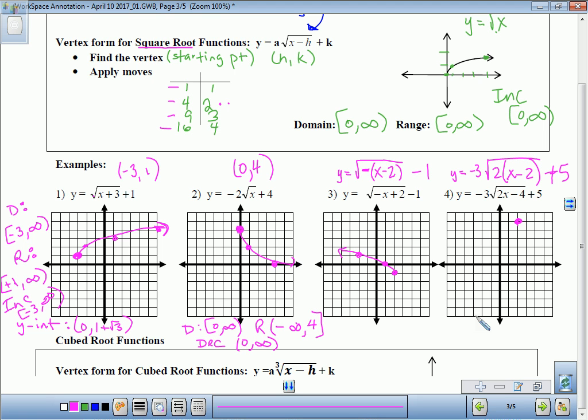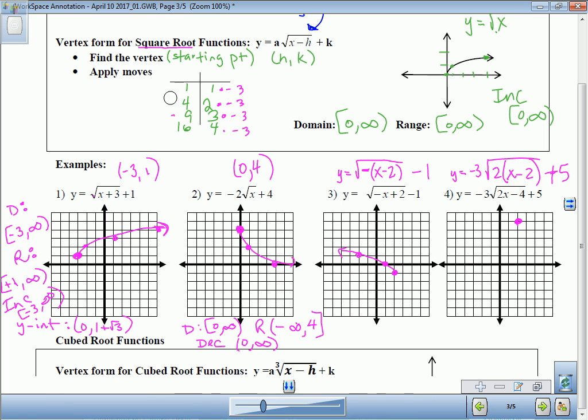Now, this is weird. It's got a negative outside, so it caused that reflection over the x-axis going down. And these y's get tripled. And then we also have something going on with those x's.